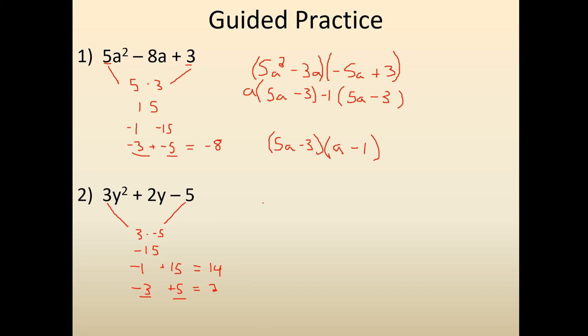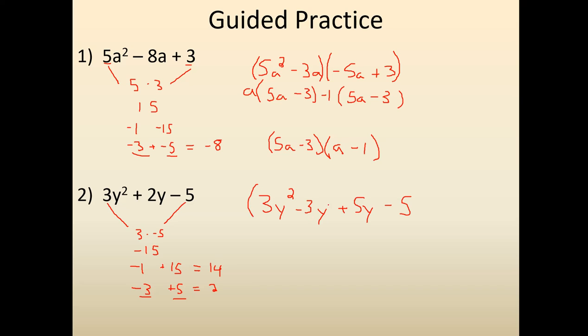So I'm going to take my equation, 3y squared, and replace the 2y with negative 3y plus 5y. And then I have the negative 5 from over there. So it's basically just delete this, input this.